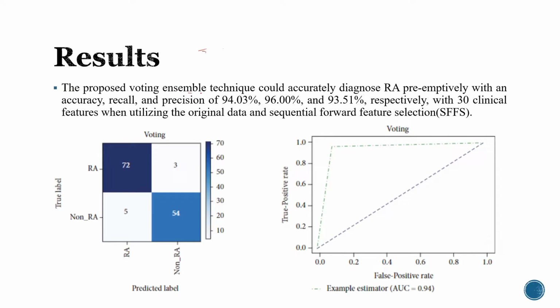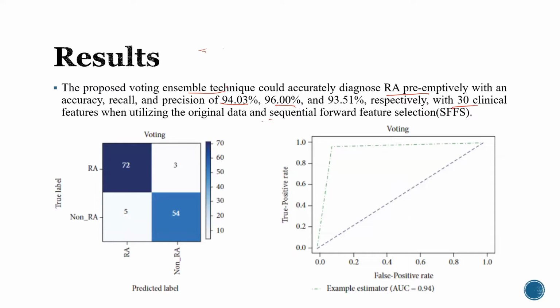So the proposed voting ensemble technique could accurately diagnose rheumatoid arthritis with an accuracy of 94% and a recall of 96%, with 30 clinical features, when utilizing original data sets and sequential feature selection.